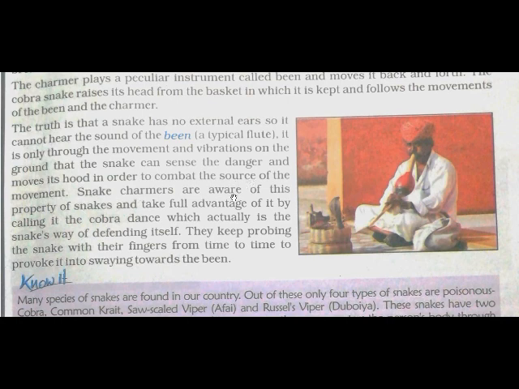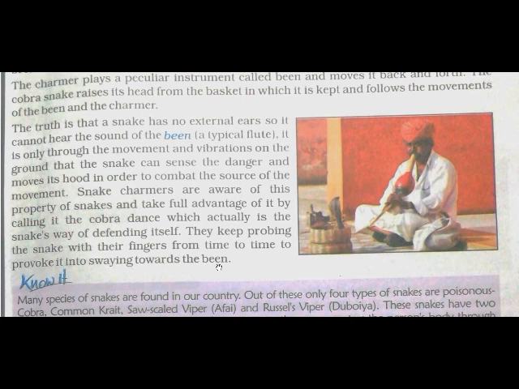Snake charmers are aware of this property of the snake and make full advantage of it by calling it the cobra dance, which actually is the snake's way of defending itself. They keep probing the snake with their fingers from time to time to provoke it into swaying towards the bean.